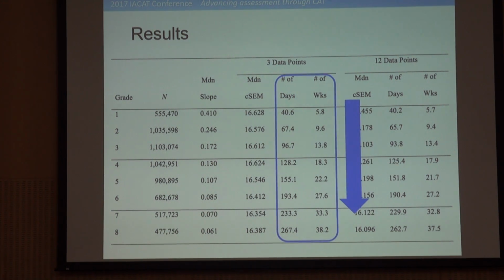The second thing is the number of days that we need to show enough progress. As you can see, nearly 40, 41 days are needed between tests for first graders, versus 267 days for 8th graders, nearly 8 or 9 months, to show enough progress, depending on the CSEM values. That's not really realistic, because it means you would only have one CAT administration per year for 8th graders, whereas for first graders we can probably have multiple examinations during a year to capture their growth.